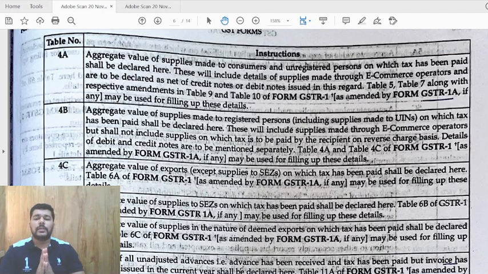So this is something which is now new in this form, which was never there in the earlier form since we did not have anything as GSTR 1A.